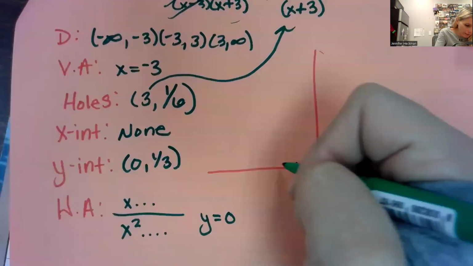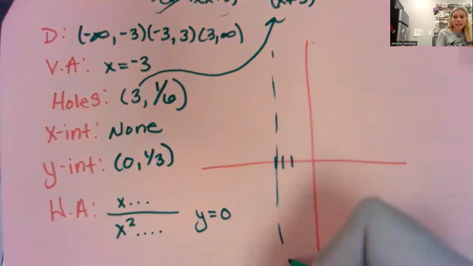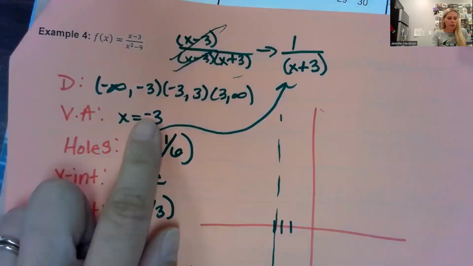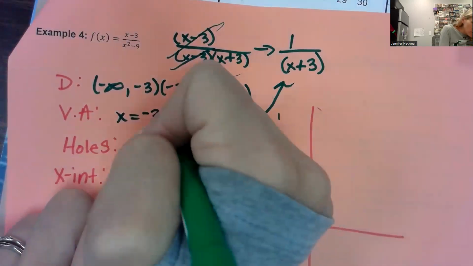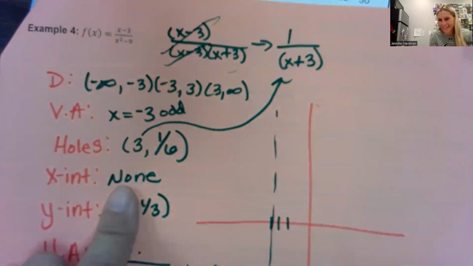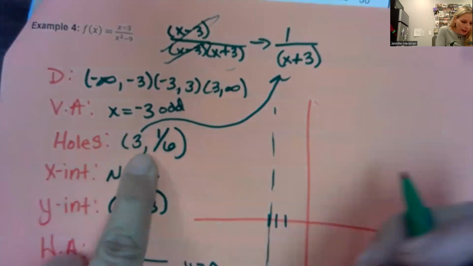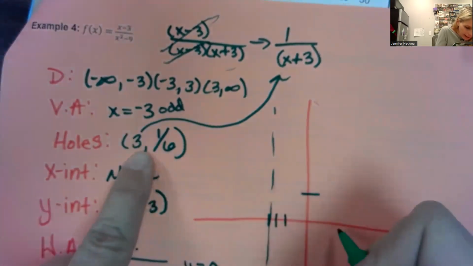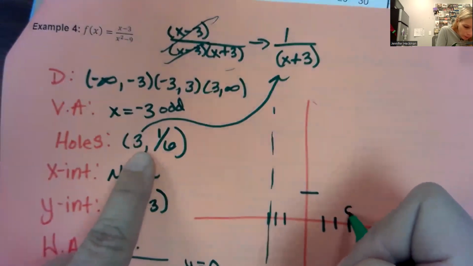So at negative 3, we have a vertical asymptote. Is that going to be even or odd? What is that exponent? It's 1, so it must be odd. Let's do that for x-intercept. Oh, wait, we have none. We have a hole at 3, 1/6, so 1, 2, 3, and just estimate where that hole is.